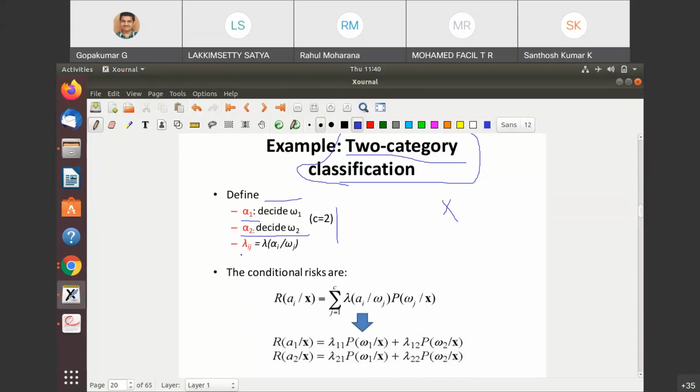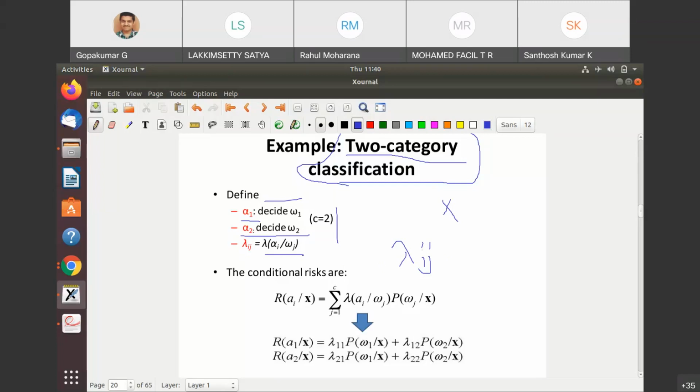And so we can use a shorthand representation, lambda ij, which is nothing but lambda of alpha i given wj. Here the original class is wj and the action taken is alpha i.